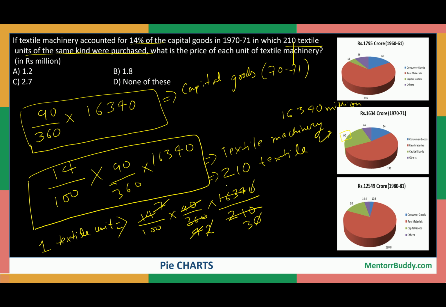This will become 817 upon 3, and 100 is left here. So for the 100, in the end we can put a decimal point before 2 places. So we can cancel out with 3. It will become 2. 3 into 2 is 6. 7 into 3 is 21, and then we get 6, right?